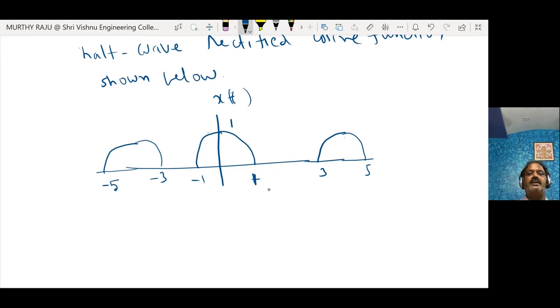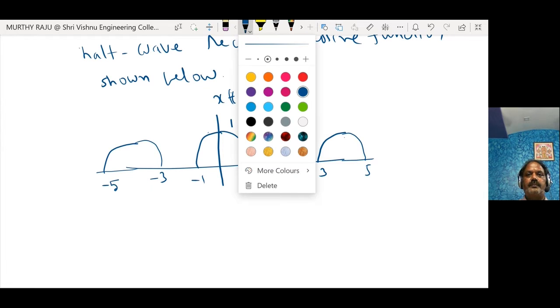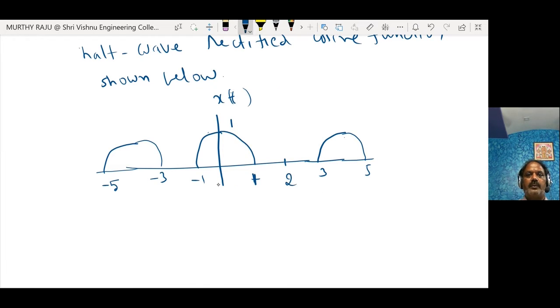Here the amplitude is 1. Also plus 2, here 2, minus 2, here 4.